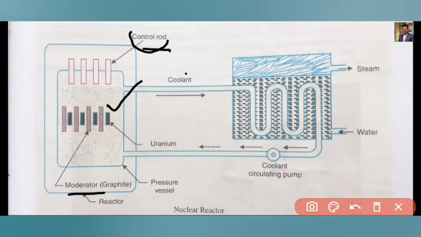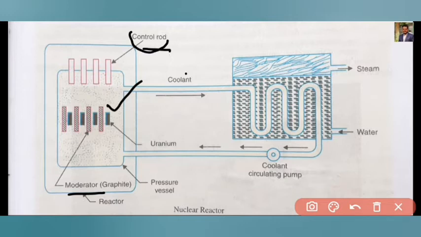So with the help of cadmium we simply absorb the neutrons. If we remove the neutrons from the uranium, the reaction slows down.